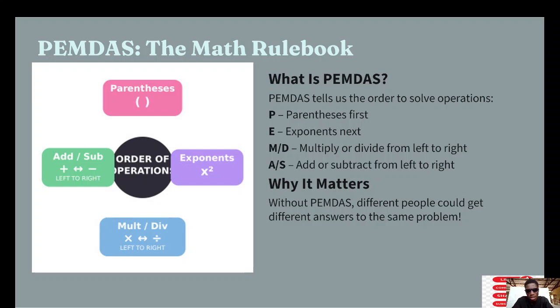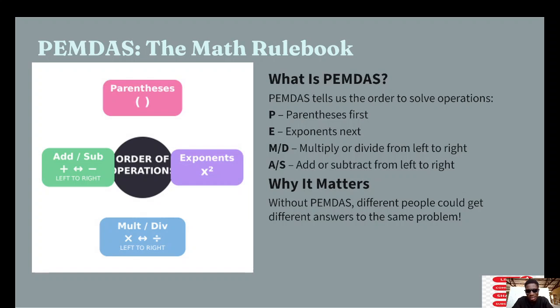The first thing to look out for is a parenthesis, which is the P. Is there anything inside brackets? If there is, then that is what you're going to do first. Do we have exponents, or powers, or squares or cubes of numbers? We have to do that second if there is.